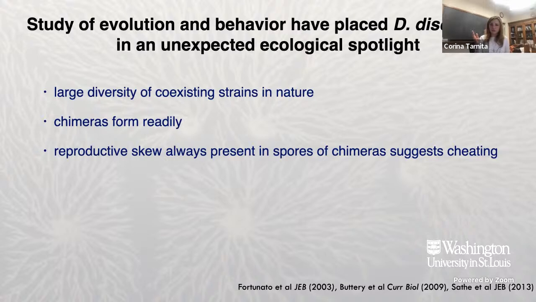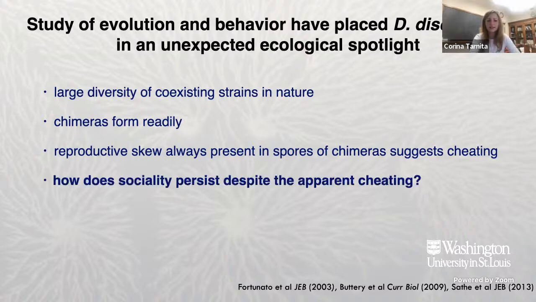If you don't, that means that one of them was better able to put themselves into spores, and so you might be able to detect whether there is any kind of skew and the possibility for cheating. The interesting thing was that there was definitely reproductive skew in basically every pairing, and that suggested that there should be the possibility for rampant cheating. And immediately the question arises, how does sociality persist despite this apparent cheating?